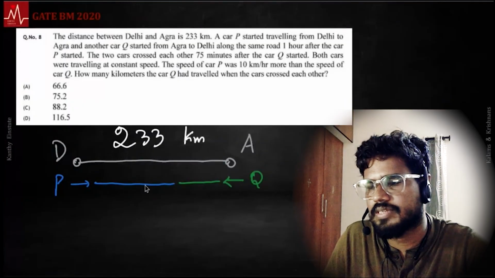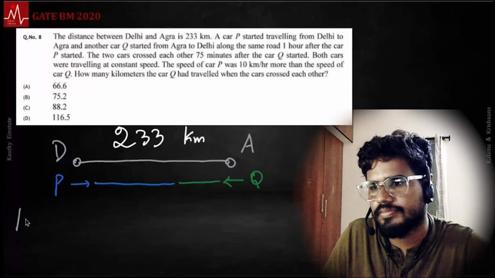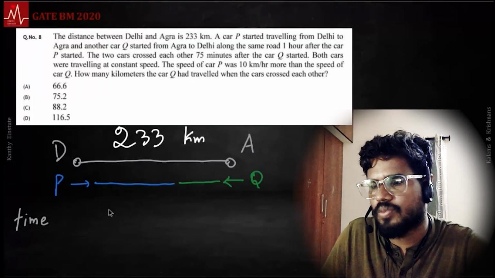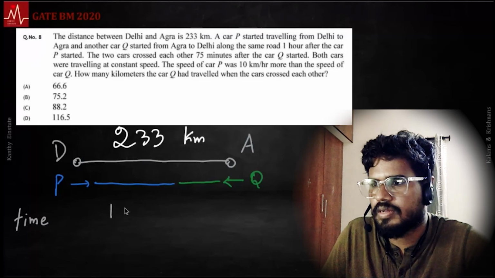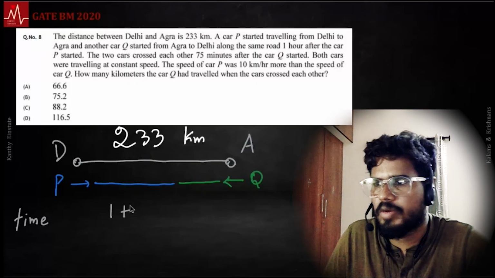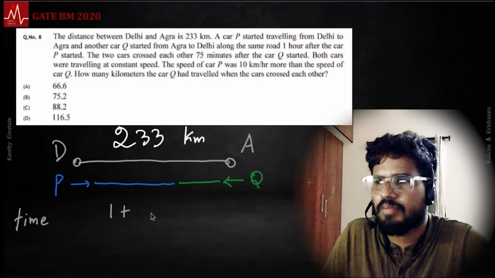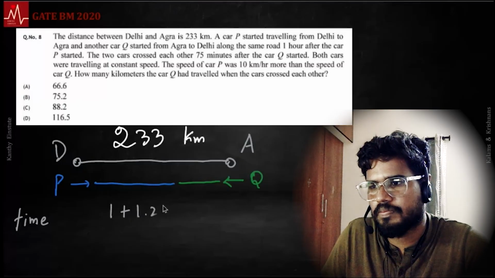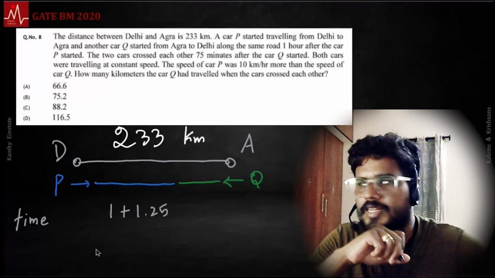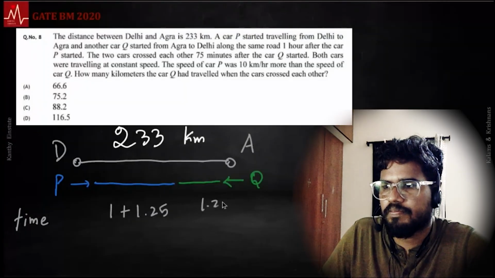This is the initial head start, and the 75-minute common time. 75 minutes is 1.25 hours, in hours, consistent units. Q has been traveling for 1.25.